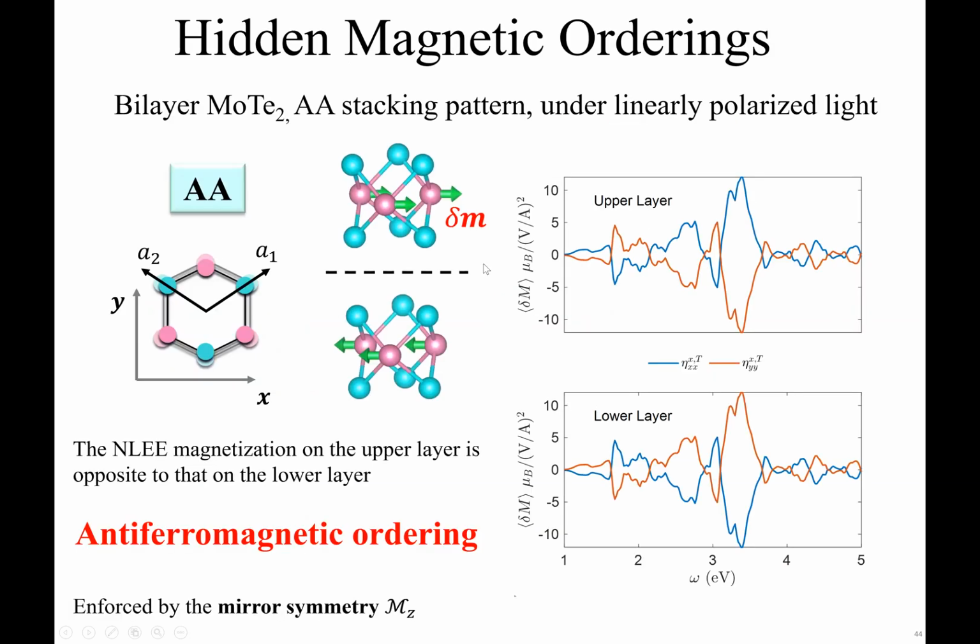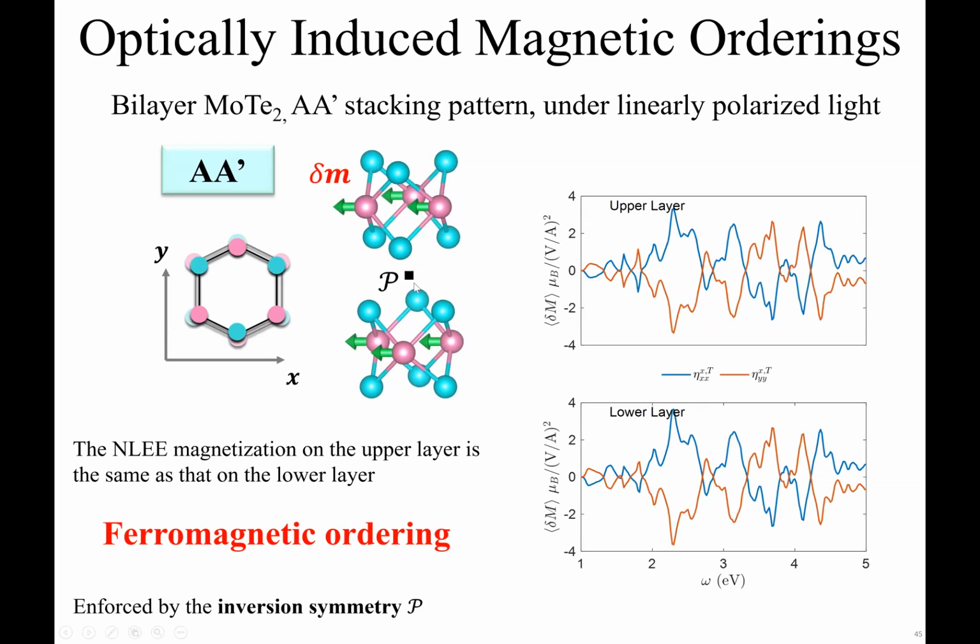And also, if you have a bilayer with a mirror symmetry in this AA stacking, the symmetry rules tell us that you are going to have this antiferromagnetic ordering where one layer has x directional magnetic moment and the bottom layer has the opposite. So even though net you don't have magnetization, this can actually trigger an antiferromagnetic hidden ordering.